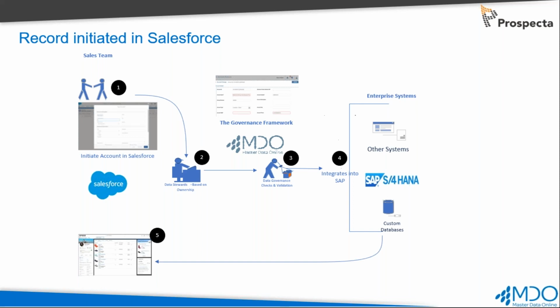So that's where a system like MDO comes into the picture. It will make sure that all the data that has been filled in has the right validity and completeness, and can sync to single or more than one record after approval and data checks happening within MDO.